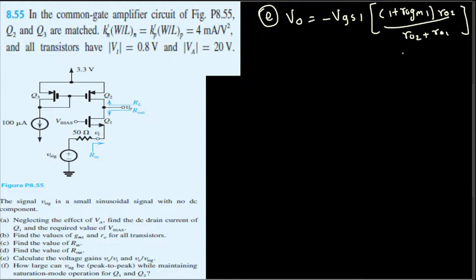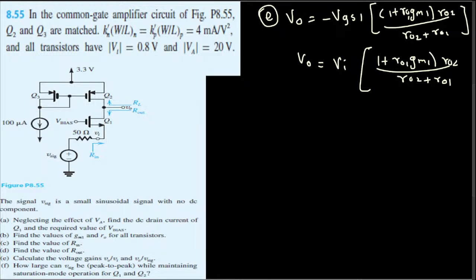Here I'm just going to use that equation, and instead of negative VGS1 we put VI, the input voltage. Others remain the same: 1 plus RO1 GM1 times RO2 divided by RO2 plus RO1.